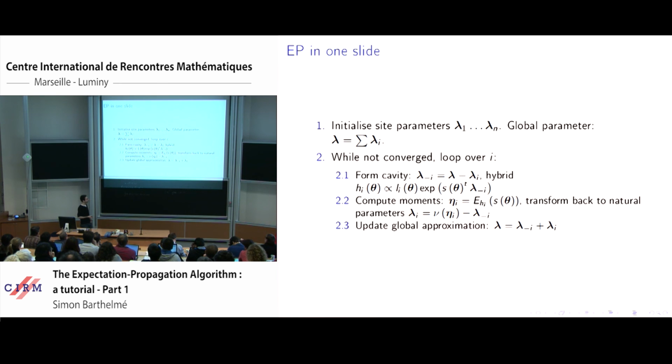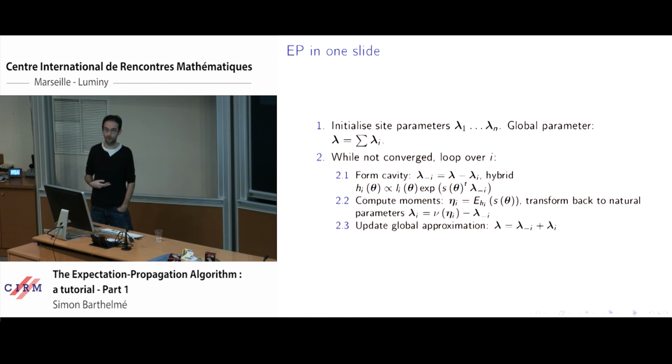Now, because we write this in natural parameters, we need to take the moments and transform back to natural parameters. So that's eta nu of eta I. And this gives me my new contribution of the site. So it's the new precision and shift of the hybrid minus what I had before, because lambda minus I is just the cavity.